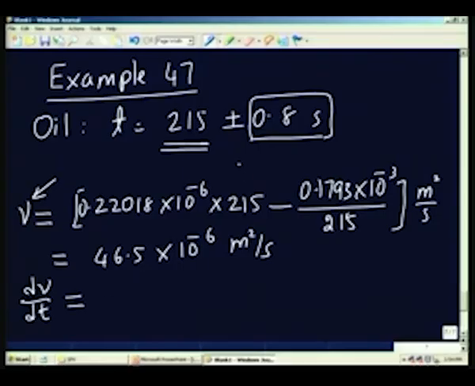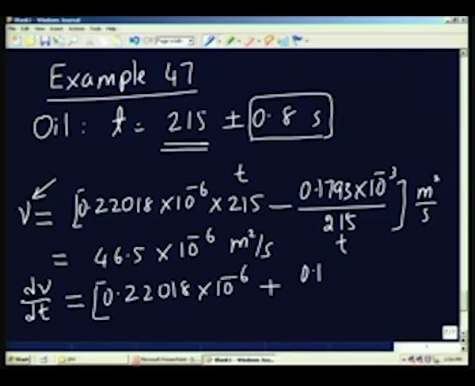This is actually t, this is also t. If you take the derivative, it becomes 0.22018 into 10 to the power of minus 6, first term. The next term will give you plus 0.1793 into 10 to the power of minus 3 divided by t squared. T squared is 215 squared.